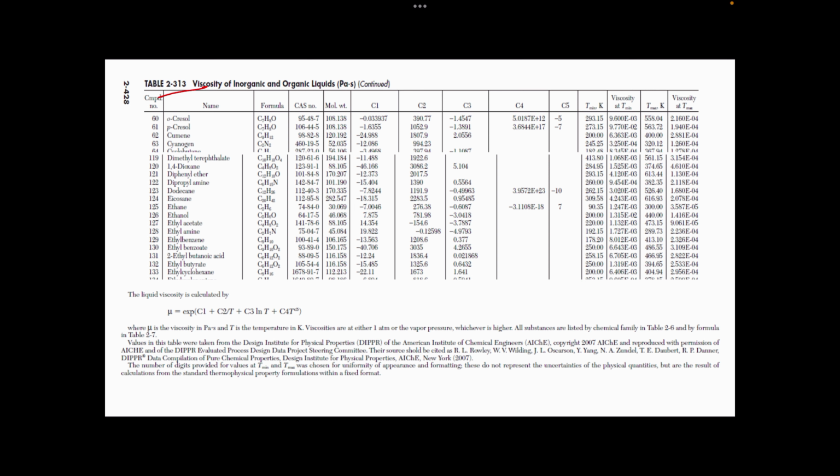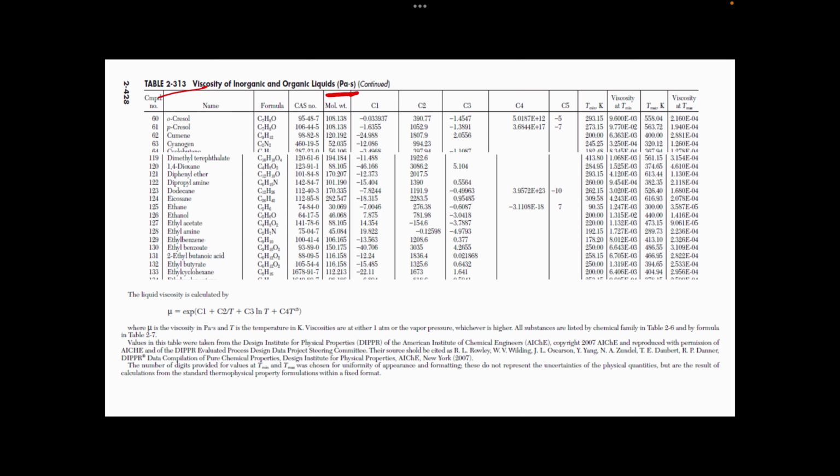When you look for the viscosity, you will not directly get it in this table. You get constants, and using those constants and temperature we find the viscosity of that particular compound. What is the molecule asked? It is ethanol.